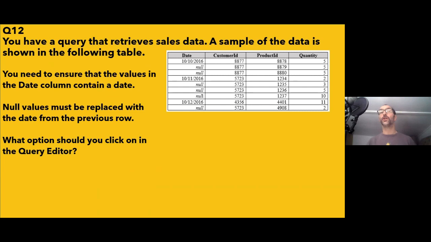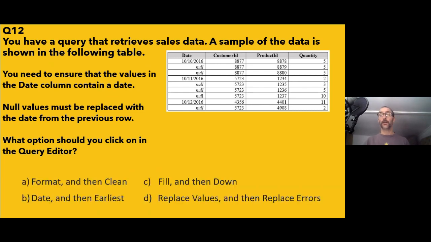What options should you click on in the query editor? A, format and then clean, B, date and then earliest, C, fill and then down, or D, replace values and then replace errors.